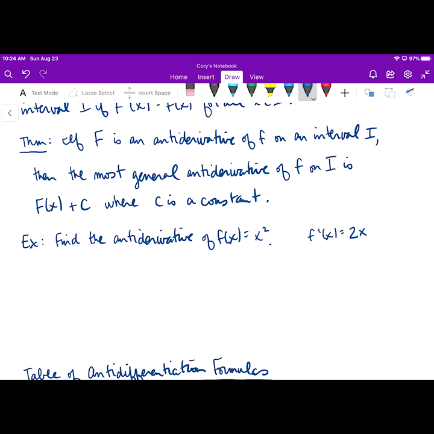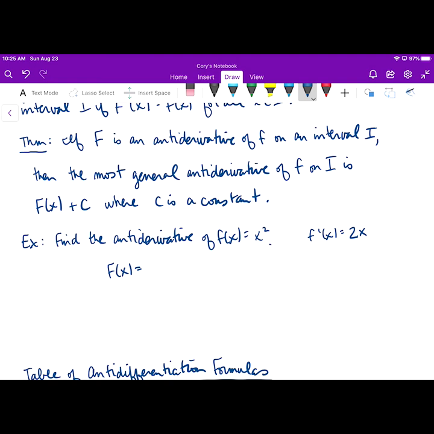Okay, so if we want to find the antiderivative of a function, the way you're probably going to want to look at doing this, at least starting out where you're not comfortable with taking antiderivatives, I like thinking of it as: the derivative of what function is going to give me x squared?